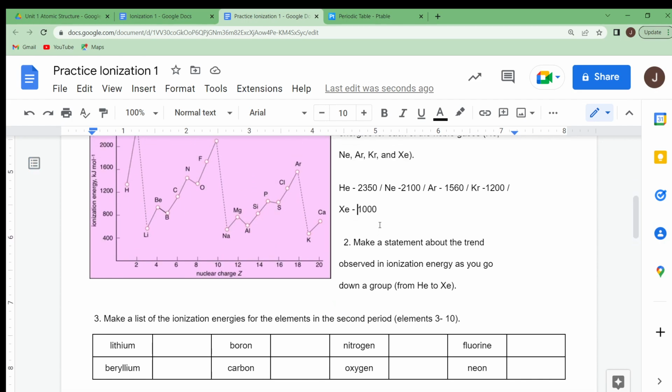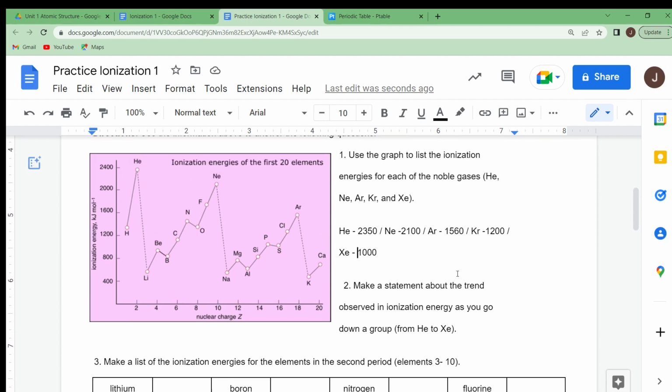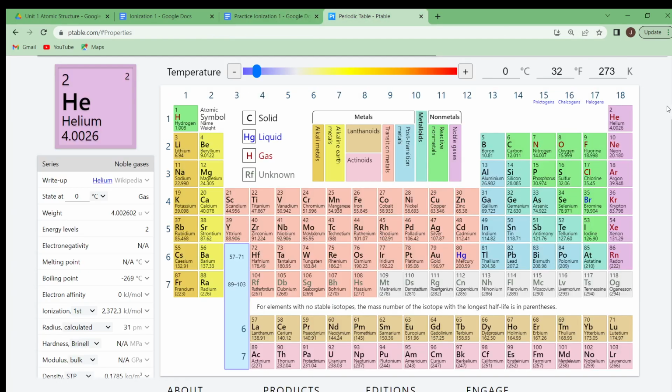Number two, it's asking us to make a statement about the trend in observed energies as we go down a group. In this case, we should notice that we went helium, neon, argon, krypton, xenon. They're all in the same column. All of them are increasing in their atomic number, but they're also increasing their energy level.